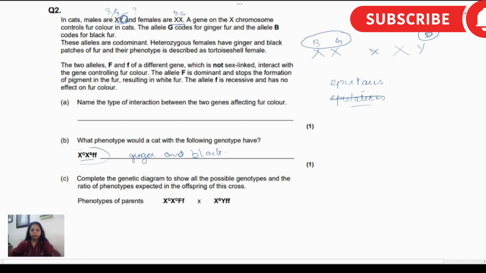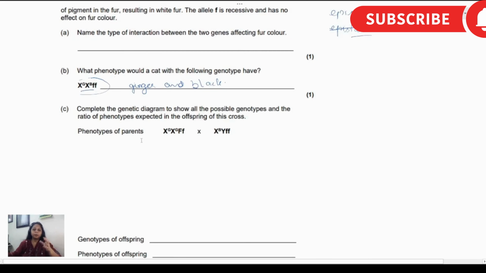Simple. Now complete a genetic diagram, make a square, and write the genotypes. Let's make a square. I guess you are also making a square. Okay. So we have two types of gametes from here. Capital G and F, again capital G and capital F and small f.